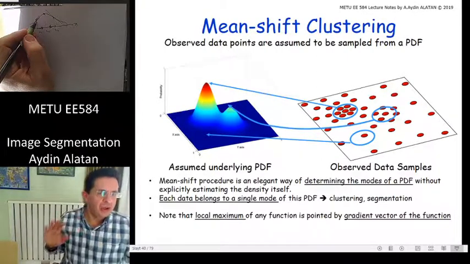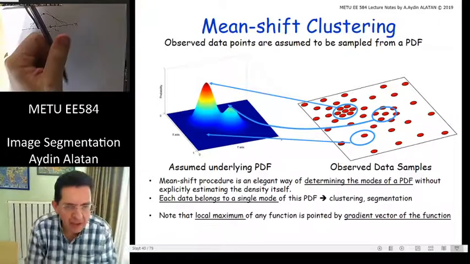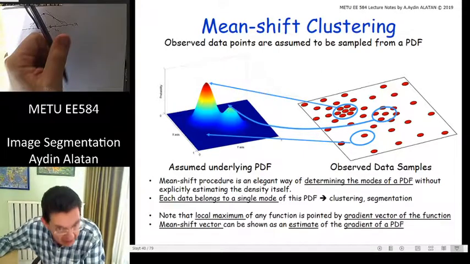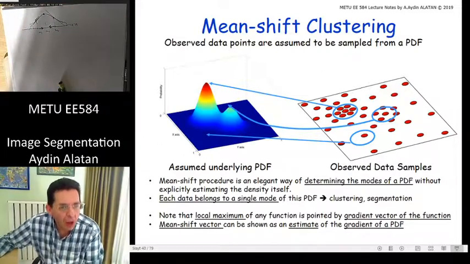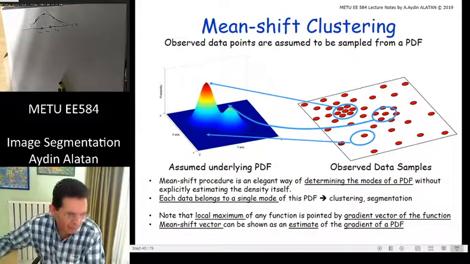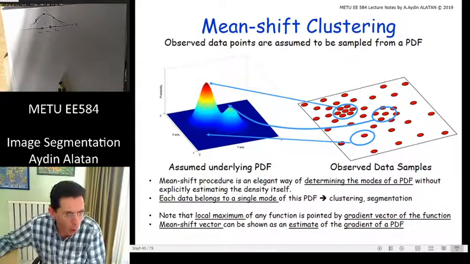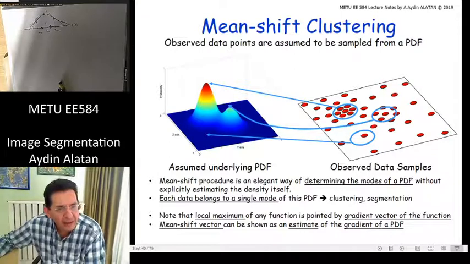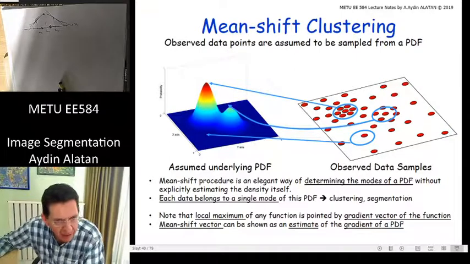That's a general concept. If you are interested in the peaks of a PDF, you will go and calculate the gradient, the slope. Obviously, in multiple dimensions, for example two dimensions, we have a gradient. You have to find the gradient of this PDF, the gradient vector.